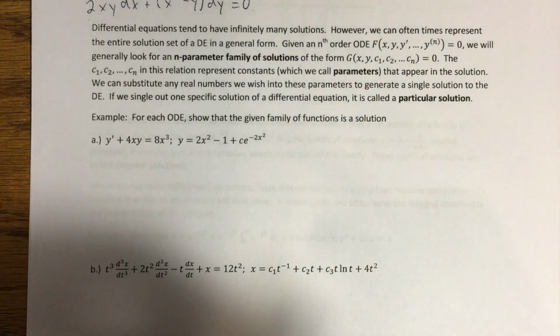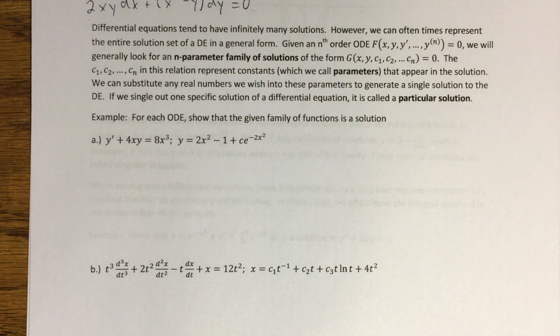So thinking again of this example that we did a couple of pages back, where I verified that 2 different functions were solutions to the same differential equation. I had mentioned back then that it makes you wonder, how many solutions should we expect to find for a given differential equation?